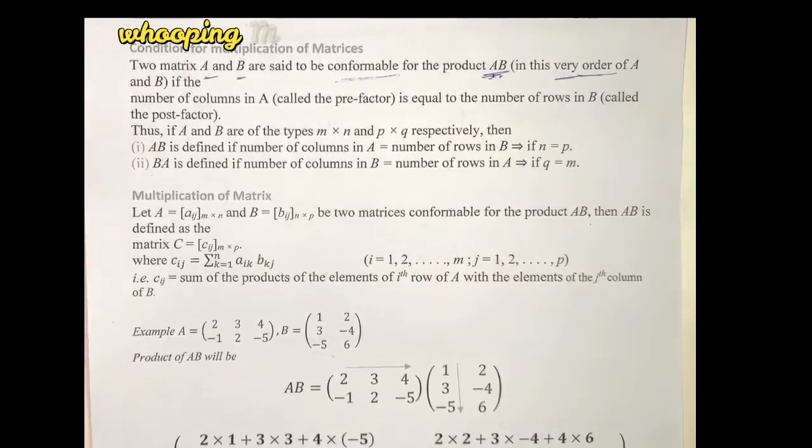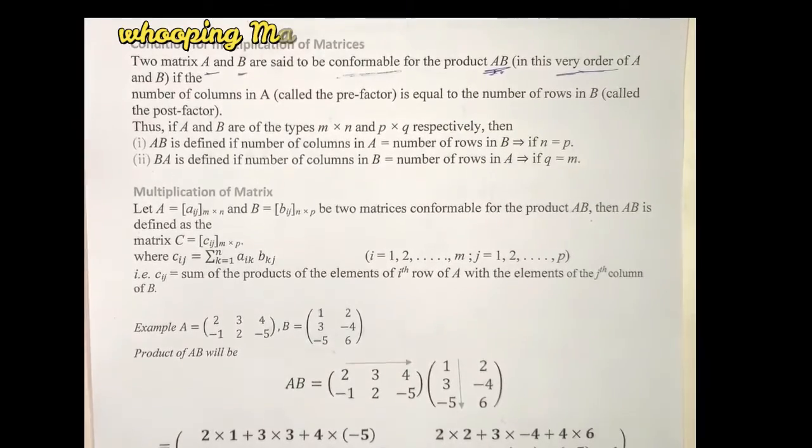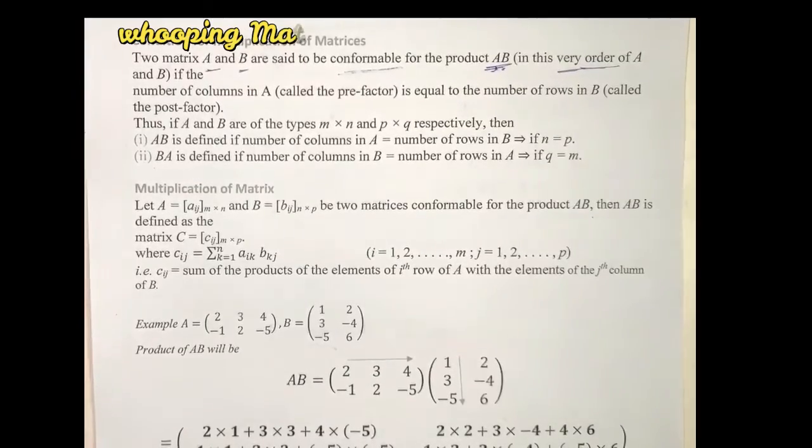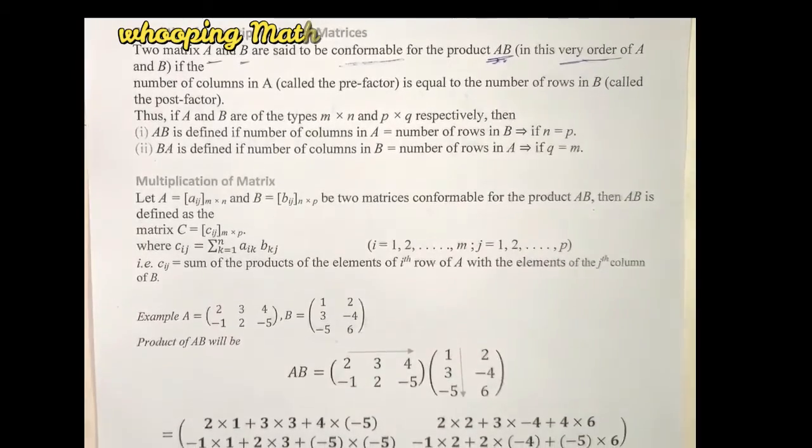Two matrices A and B are said to be conformable for the product AB in this very order of A and B. That means we are going to keep the order of the product AB the same.